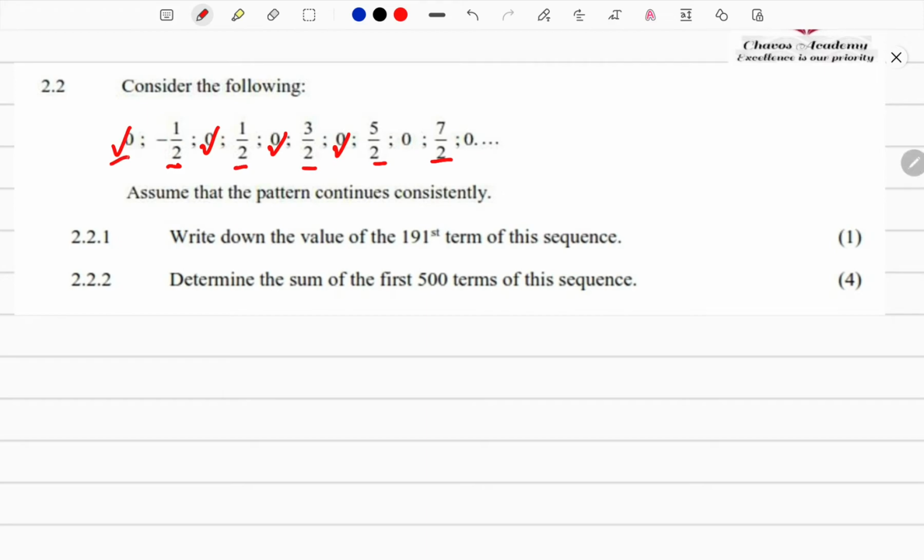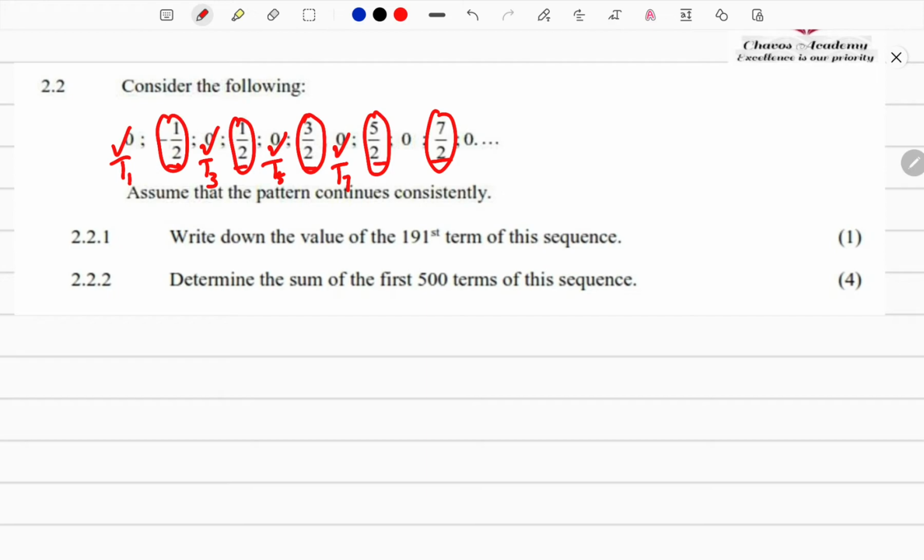So this one is term number 1, this one is term number 3, this one is term number 5, term number 7. So you can see that they are placed in the odd positions, whereas these ones here are in the even pattern there.